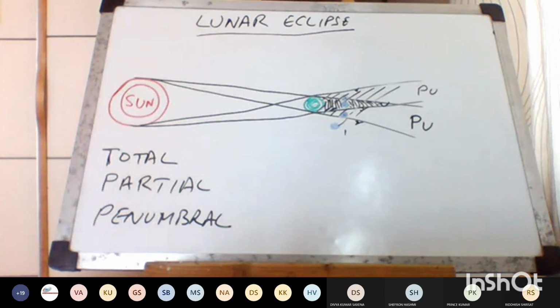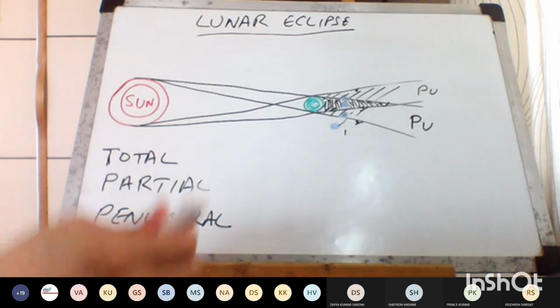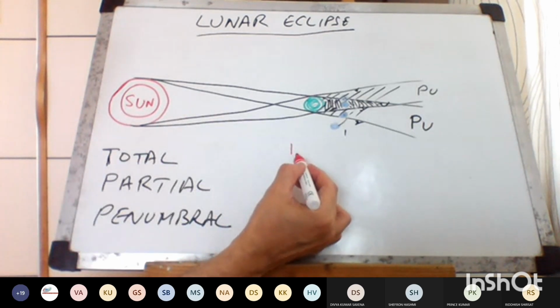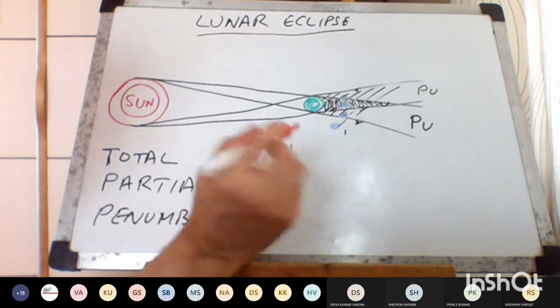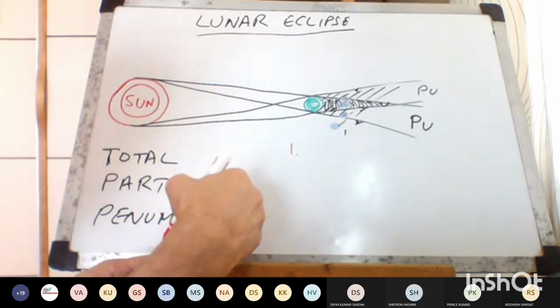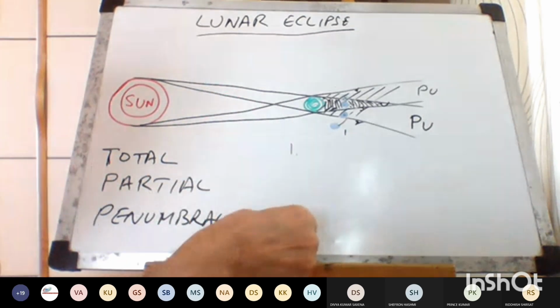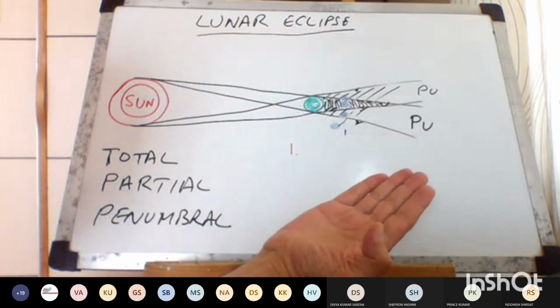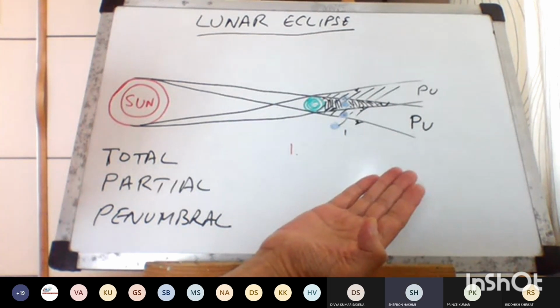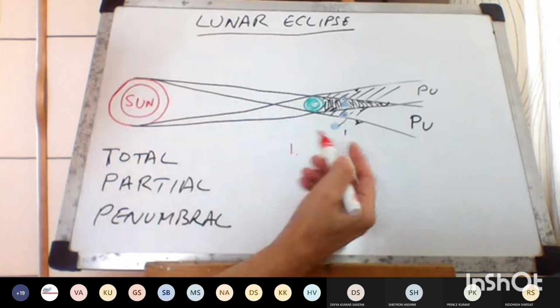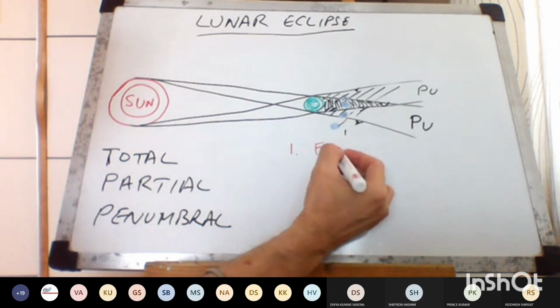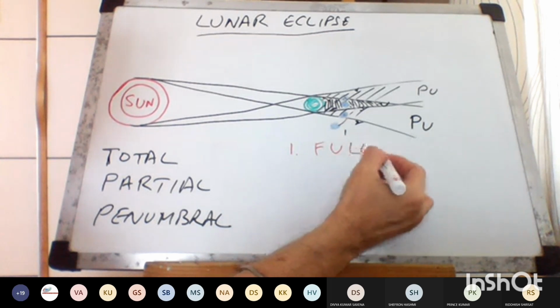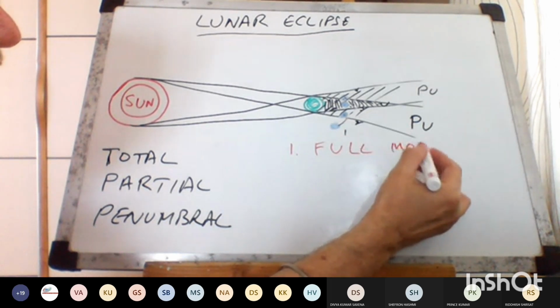What should be the condition? 1. Now the moon is on the opposite side. Full moon. It has to be a full moon.